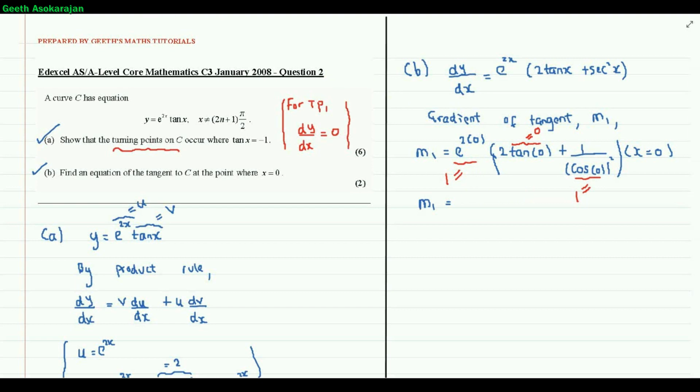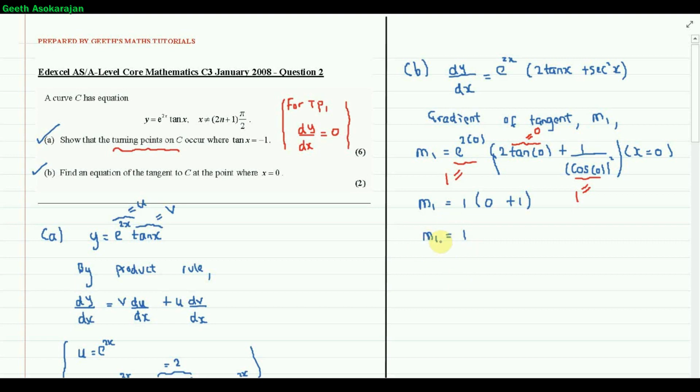So as a result, we'll have 1 into 2 times 0 is 0, plus 1 over 1 squared is 1. So I make my tangent gradient 1 times 0 plus 1, which is 1. So this 1 is the gradient of our tangent.